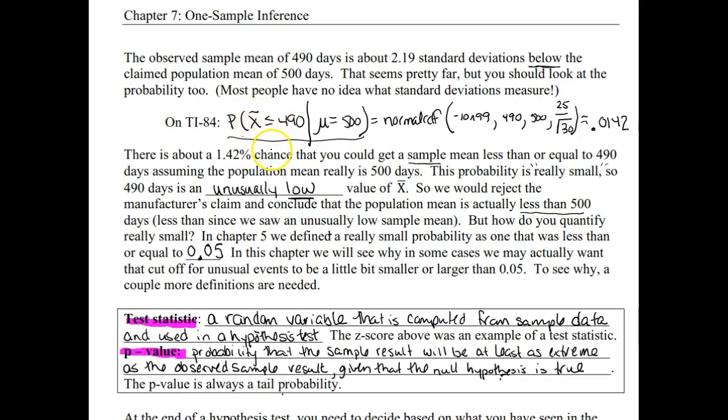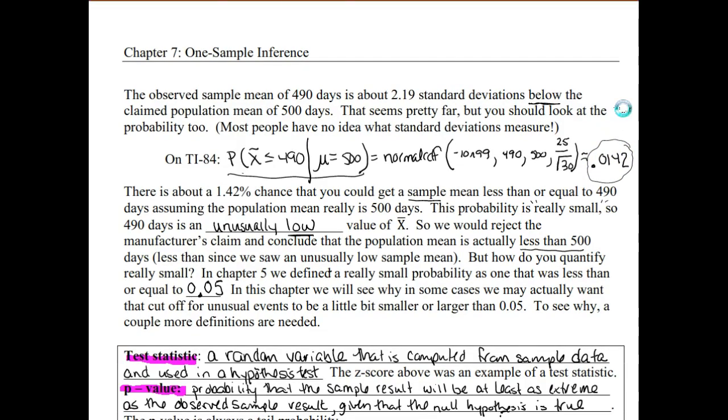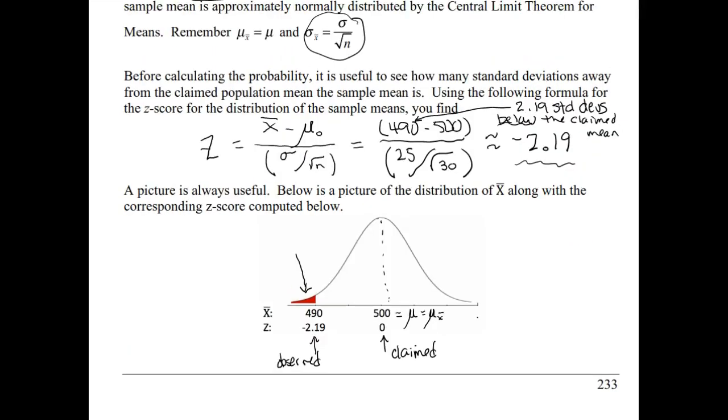In this case, we were looking at unusually low, so that value or lower, given the null hypothesis was true, and we came up with this number here, this 0.0142. If we go back to that picture, that is what this is. This now is the p-value, where this is 0.0142.